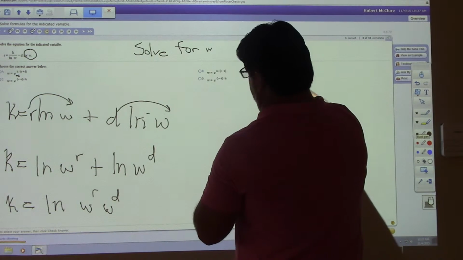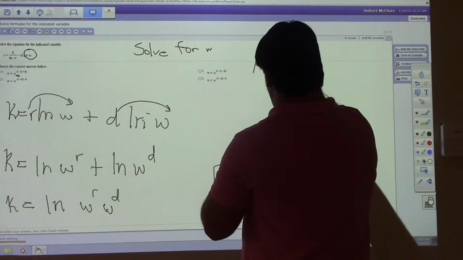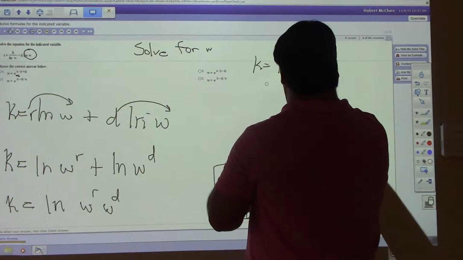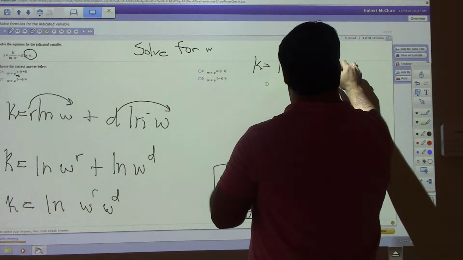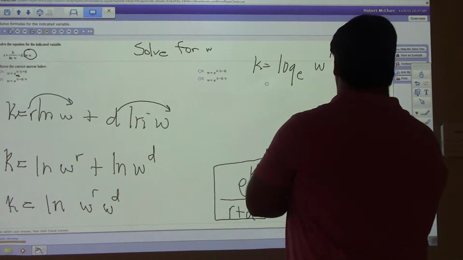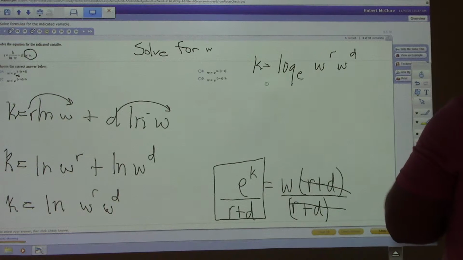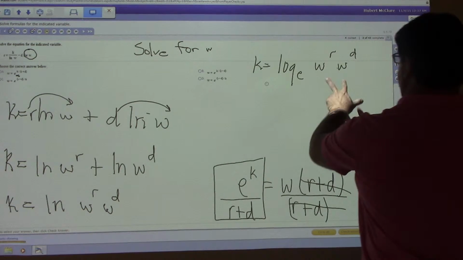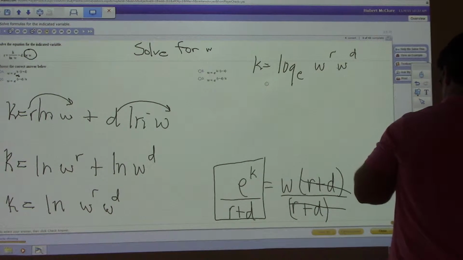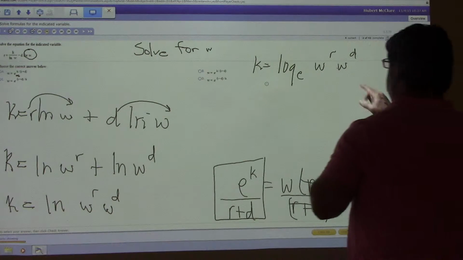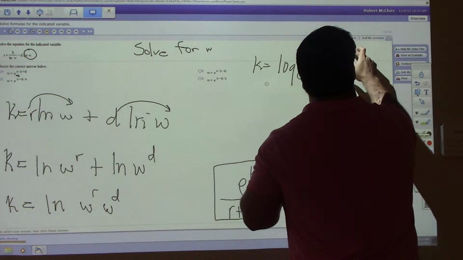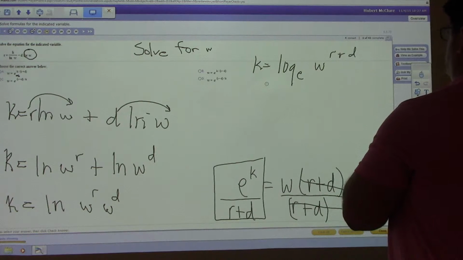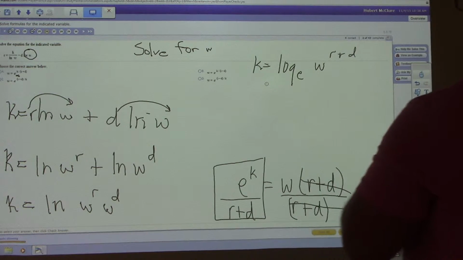So that'll give us K is equal to log base E of WR WD. And that's R. When you have the two same bases, what do you do to the exponents? Add them. So that's our R plus D. Now that should work.